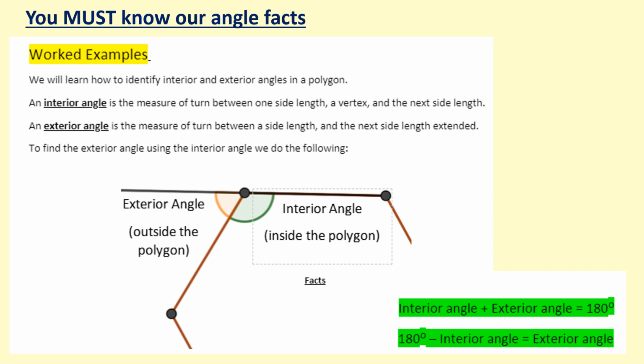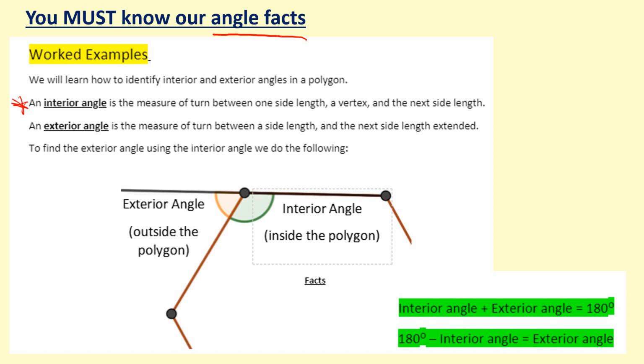So other angle facts that we need to know when we're working with exterior and interior angles, okay? So if you can see here, I'm just marking it with a star. An interior angle is the measure of turn between one side length and the next side length.